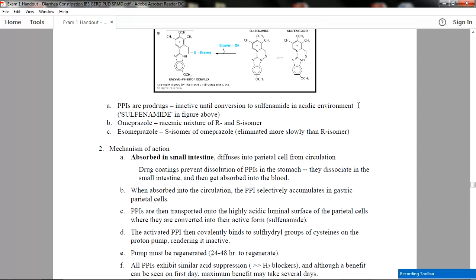What you might notice is, if you break it down and dissolve the proton pump inhibitor, you'll end up combining it.